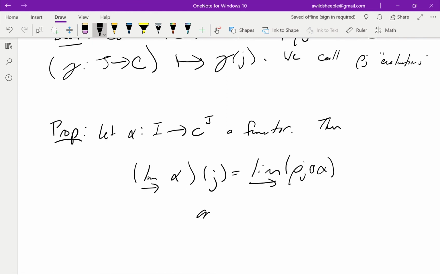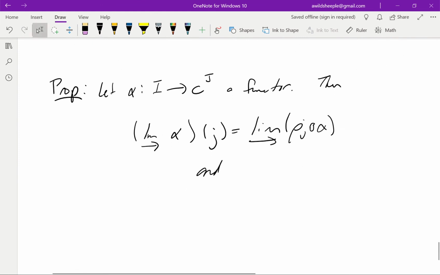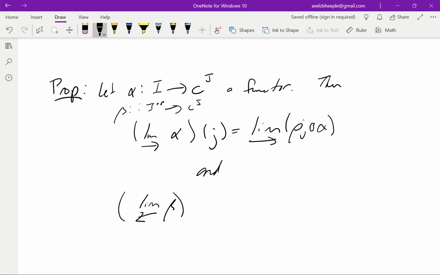And of course, in the same way, I didn't write this above, but I could have written beta, and then I guess I have to write I^op to C^J. But then in the same way, we obtain that the backwards limit here is the backwards limit here.